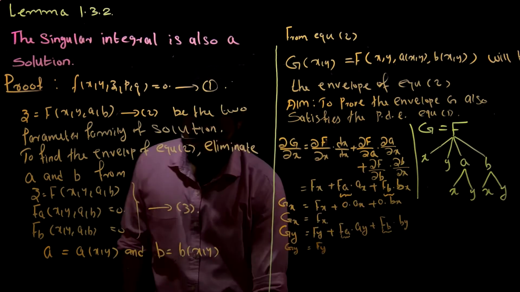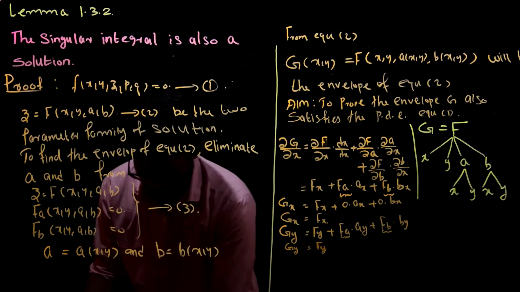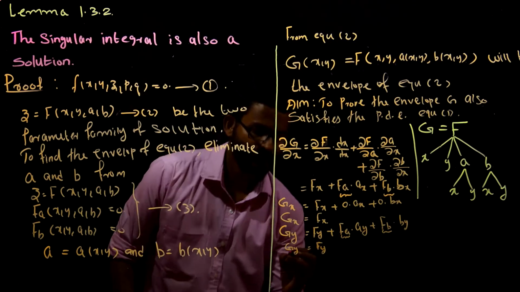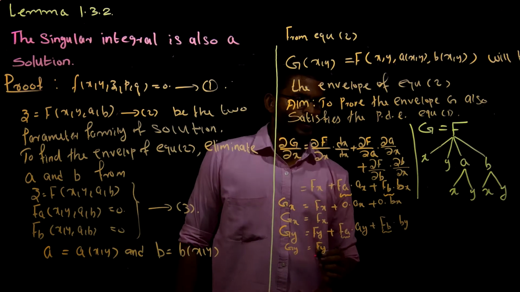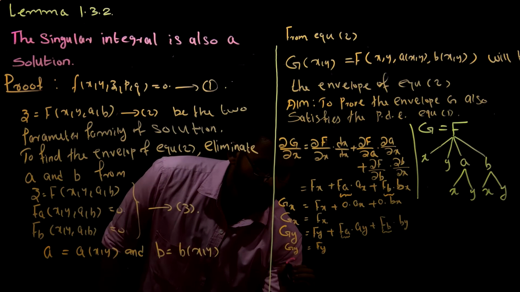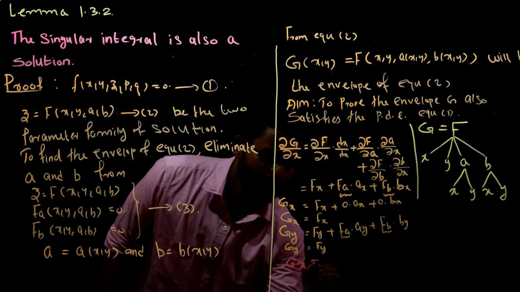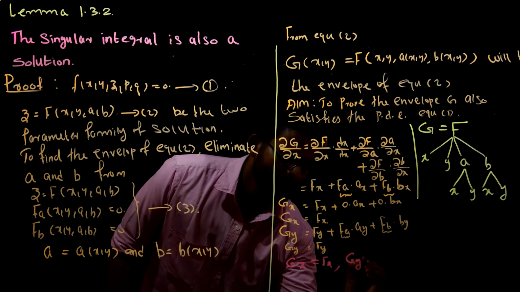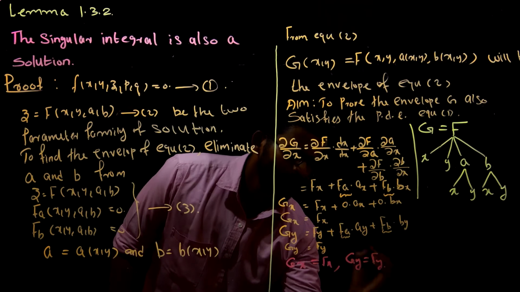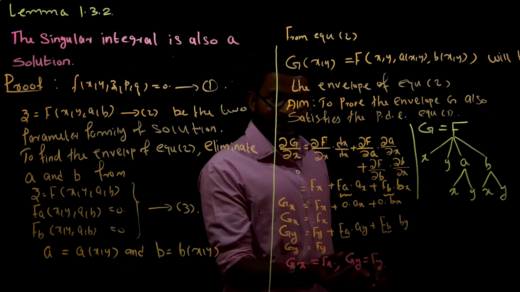That is, Gx equal to Fx and Gy is equal to Fy, which implies what is Gx and what is Gy.